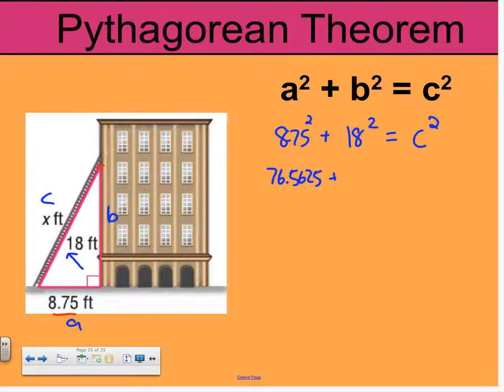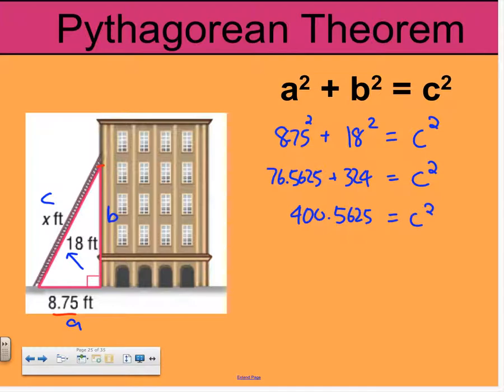And then if I take 18 and square it, I get 324. And that should equal C squared. If I add those two together, I get 400.5625, and that is equal to C squared.